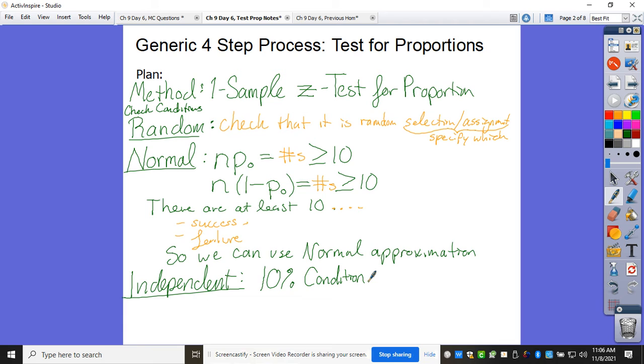Which is what equation? Luckily, it's greater than or equal to 10 times lowercase n. Then you're going to plug in your numbers, then write your sentence. And this one does need to be individuals in the population.